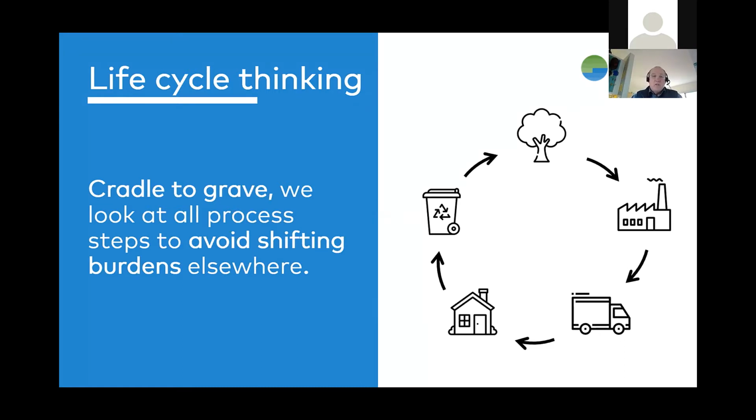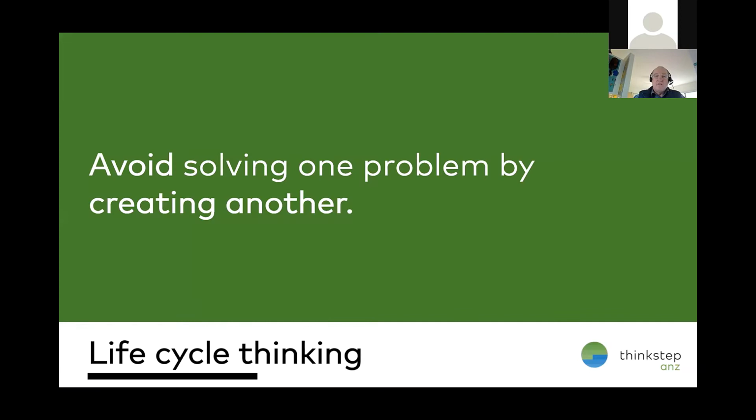And we look at it this way so we avoid shifting burdens elsewhere in the supply chain. So we might want to save water at the manufacturing stage, and we might increase water usage at the construction stage. Life cycle thinking is a really good way of understanding where those impacts are, as well as avoiding shifts in environmental burdens elsewhere in the life cycle.